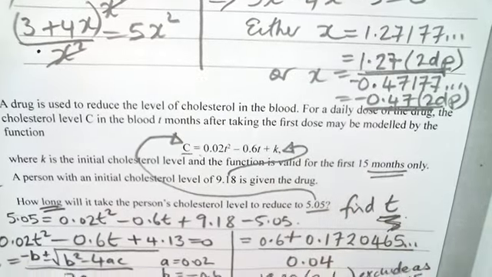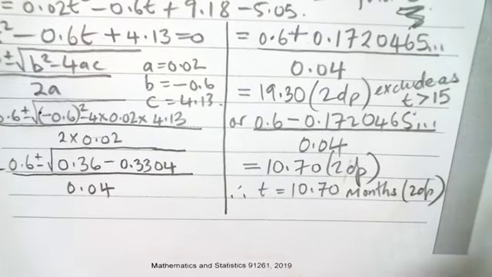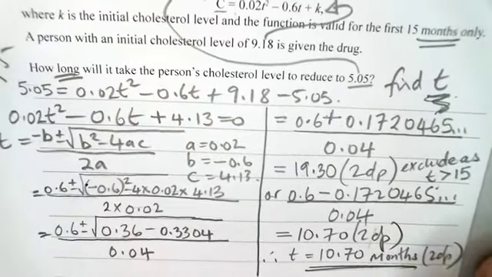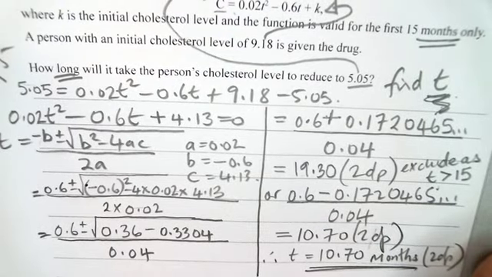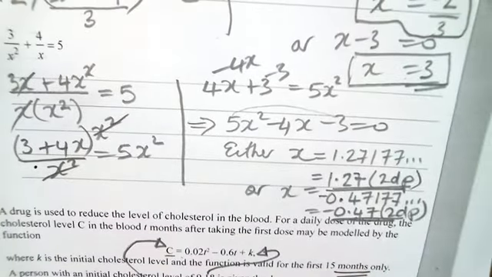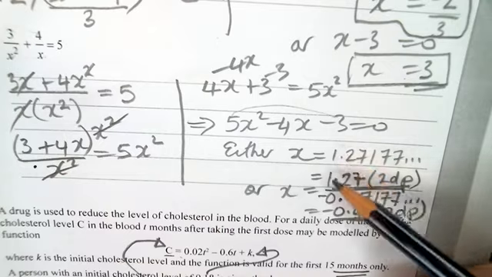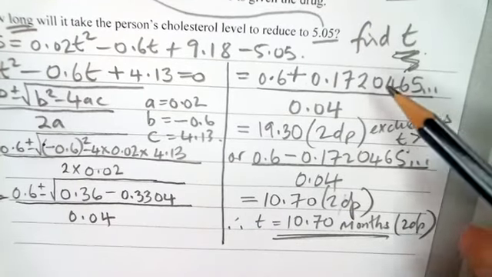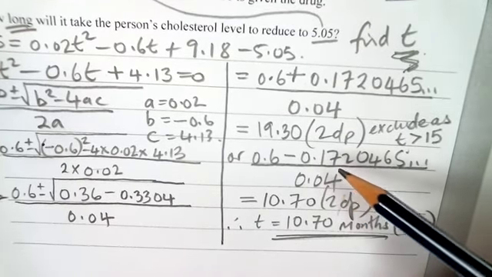Anything greater than 15 is now invalid. So there is in fact our answer, and that's how I would go about that. And I assume for this one, you have to use the calculator. You don't have enough room to do anything else. And I'm assuming you would have to use the quadratic formula. Hope that makes sense.